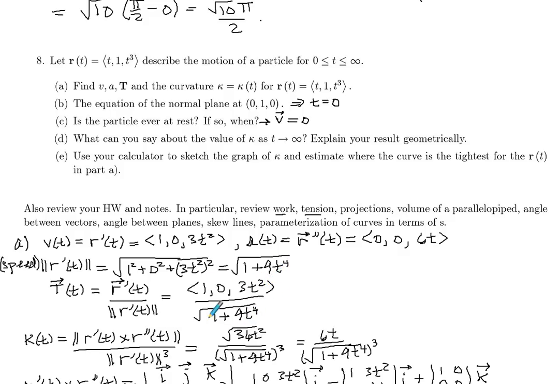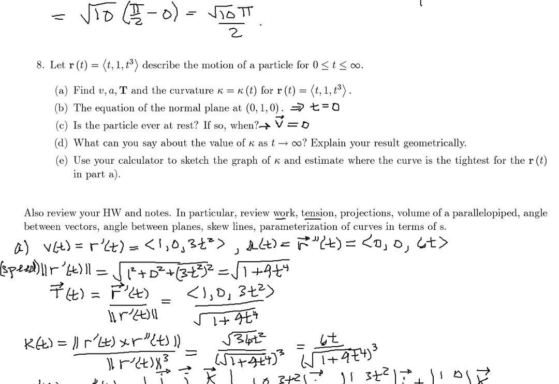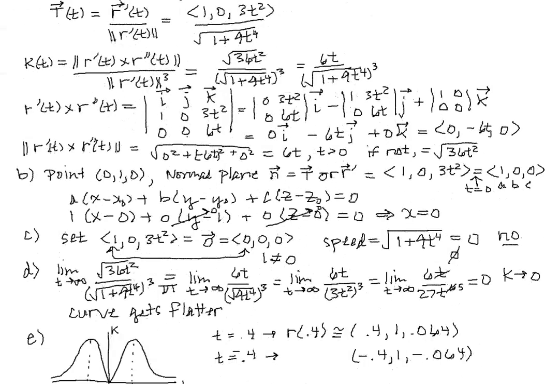So unless the length ends up being constant all the time, like a circle or something like that, we're probably not going to be looking at the binormal vector, which means probably not going to be looking at the binormal plane here. All right, I think that's about a wrap.